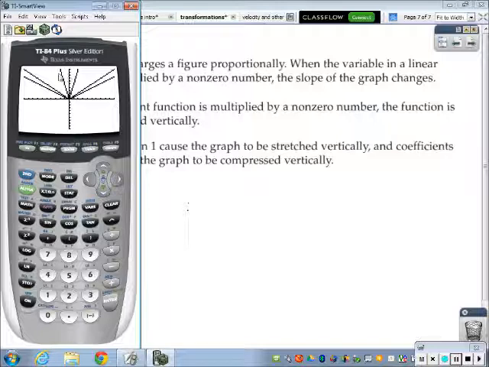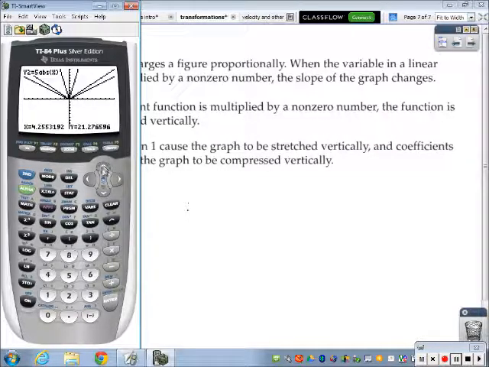And so if you weren't sure which line represented which function, if you press trace, you can see wherever the cursor is, and it's kind of hard to tell there, so I'm going to move over to the right. I move my cursor, and I can see that this middle line is the absolute value of x. If I hit the up arrow, it toggles to this line, which is 3/4 the absolute value of x.